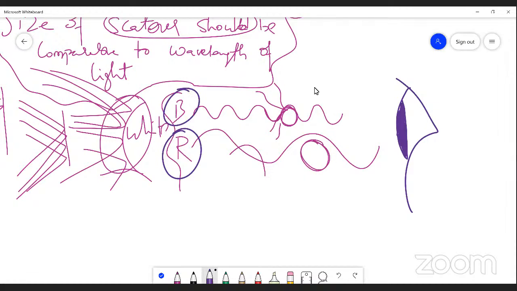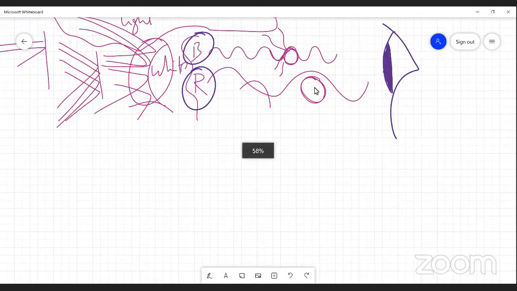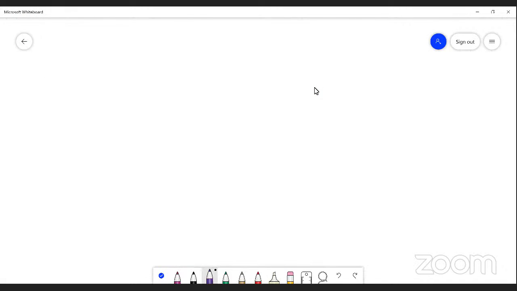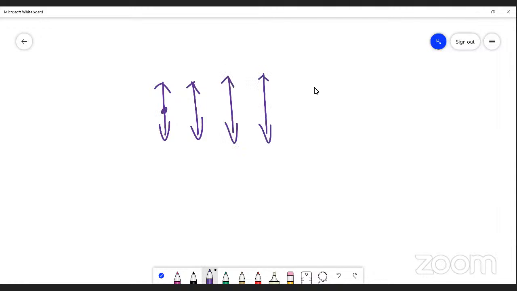So, what is polarization by scattering? What is the application of polarization by scattering? Listen to me. This is unpolarized light, with one parallel vibration and another perpendicular vibration.